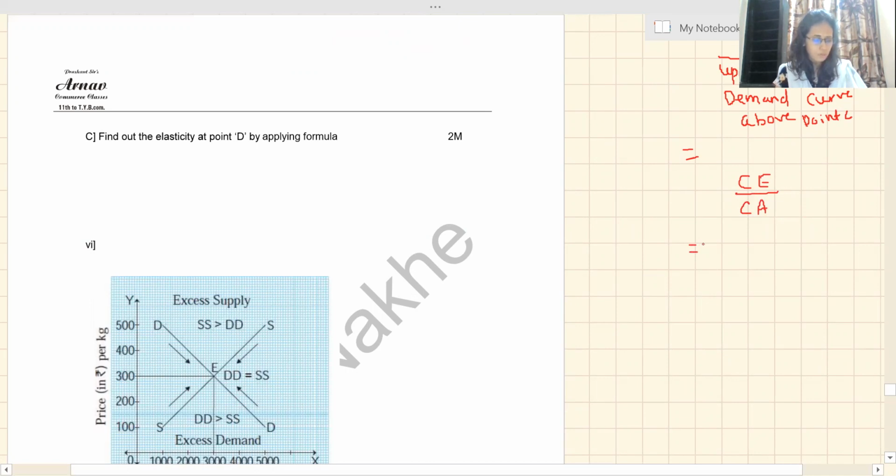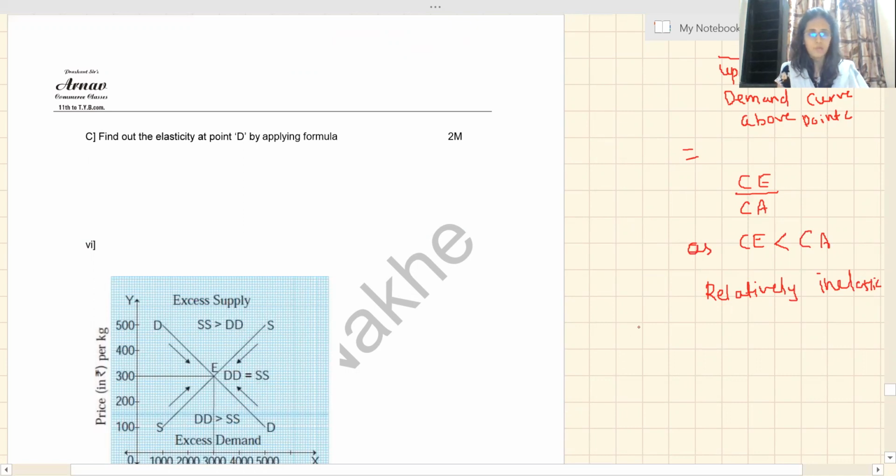CE is smaller than CA. So this is relatively inelastic. They have mentioned type only. So this is relatively inelastic.